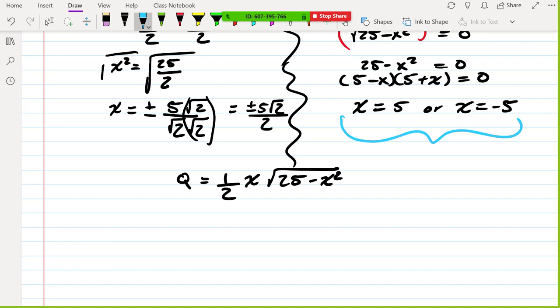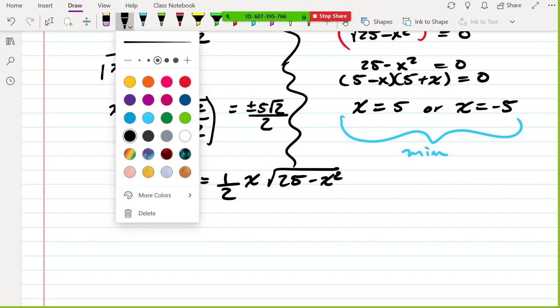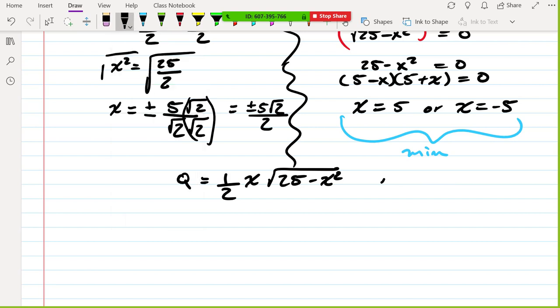Because if I plug in 5, 5 squared is 25. 25 take away 25 gives us 0, so anything times 0 equals 0. So since we want the maxes, this isn't going to be helpful. These are going to be our minimum value, and they're going to have area 0. So those aren't the ones we want.